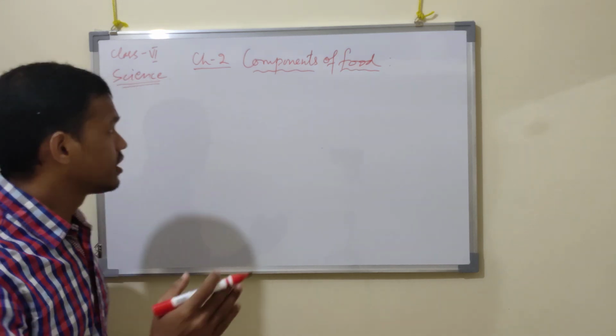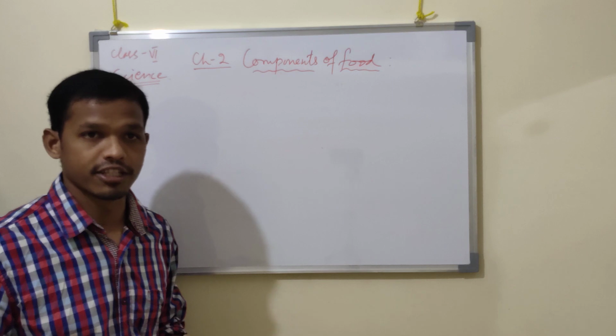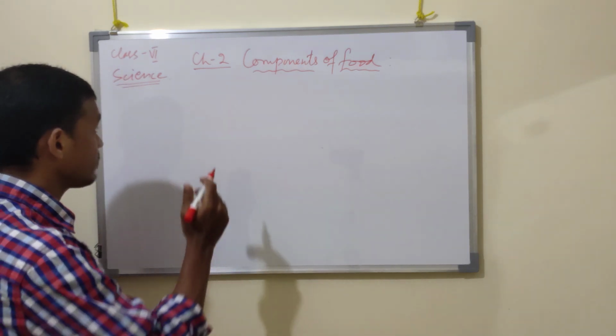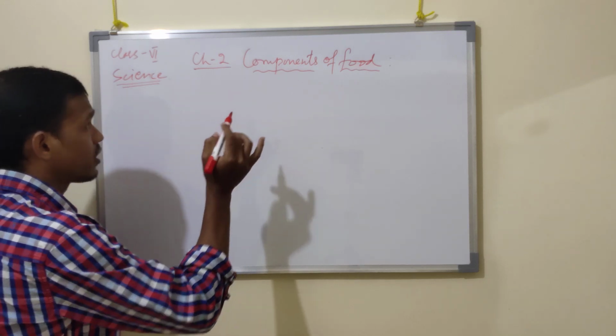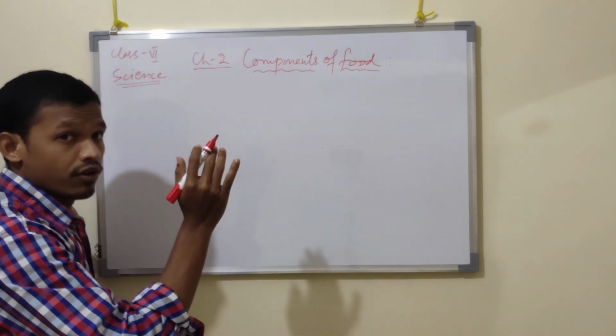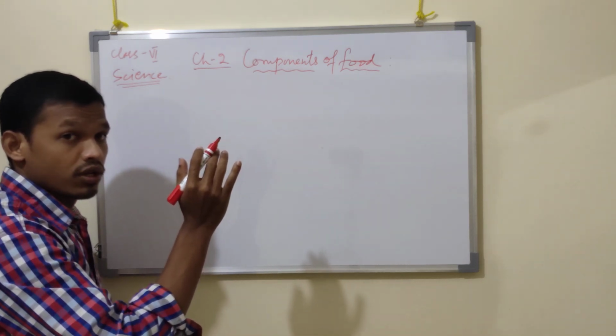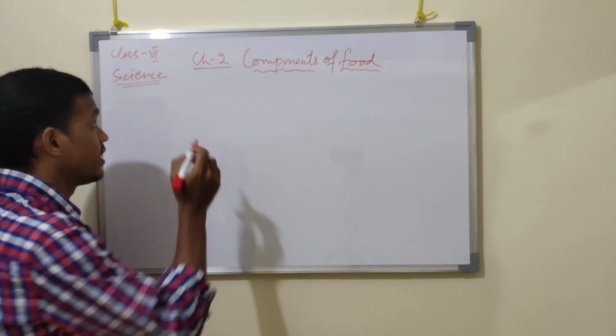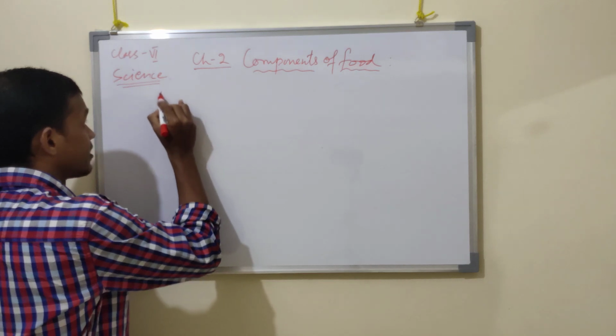So it is easy to test carbohydrates, proteins, and fats. In order to conduct a test for finding out the nutrients present in the food items, we require certain materials.